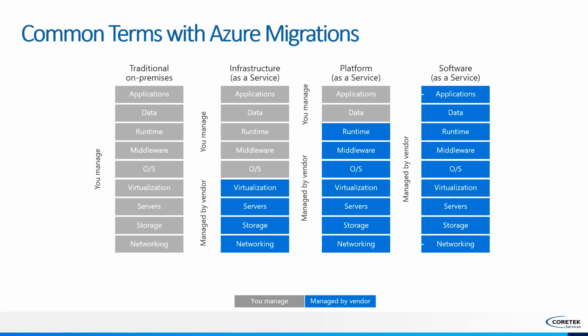As you move over to platform as a service, or PaaS, it's really where you're managing applications and data, and Microsoft is managing the runtime and below. So Microsoft completely manages the service and gives you that service so you can run your applications and data on top of it.